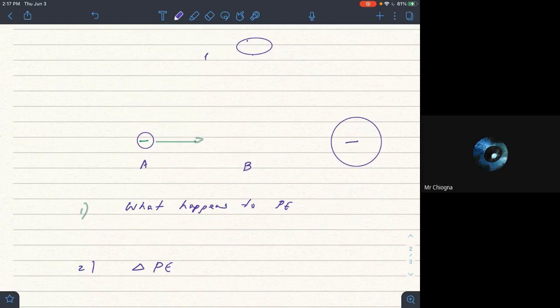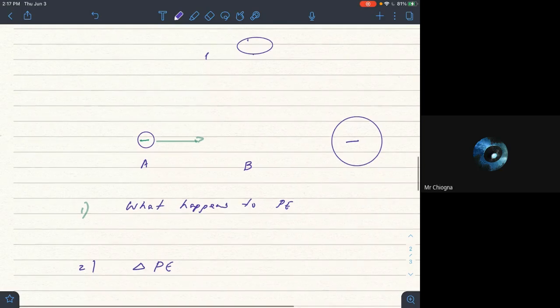Potential energy at B is greater. What's that analogous to, similar to, in the gravitational case? You're increasing your potential. What's that similar to?